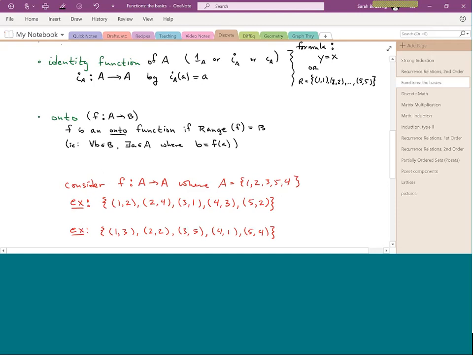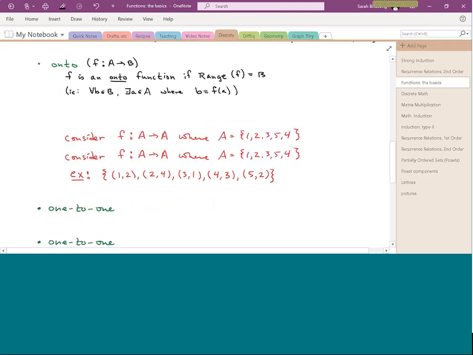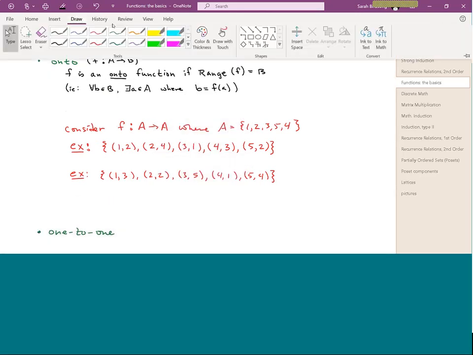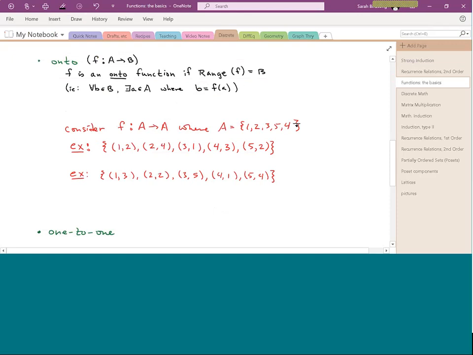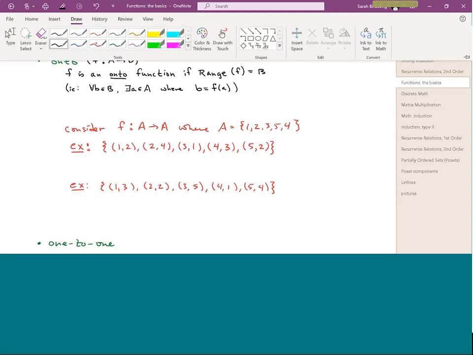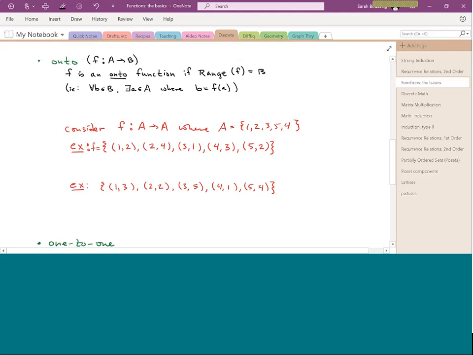So here is the big question. What do you guys think? Of these two examples right here, is either of those two examples onto? Is this first one onto? Is the second one onto? Let me go ahead and label them, F and G.